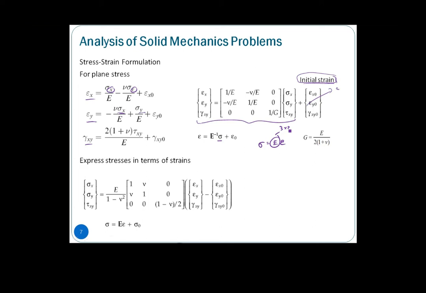So if we want to express our stress in terms of strain, then we rearrange it, where we have this inverse E. We find the inverse of this E itself, then multiply with the strain, and that basically gives us our E of the plane stress components, right?